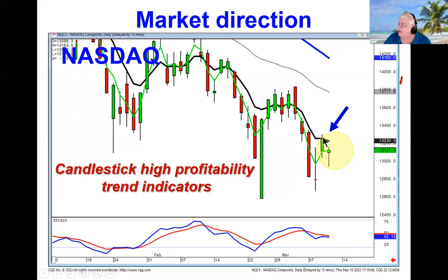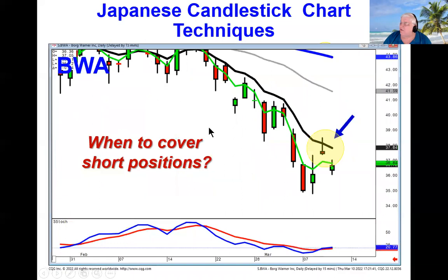One, they didn't close above the T line. And two, notice your stochastics. We're not telling you you're in the oversold area yet. That told you watch to see what they do the next day. Now, there were lots of short positions that popped up. Was that an indication that it was time to cover the short positions? Same scenario.